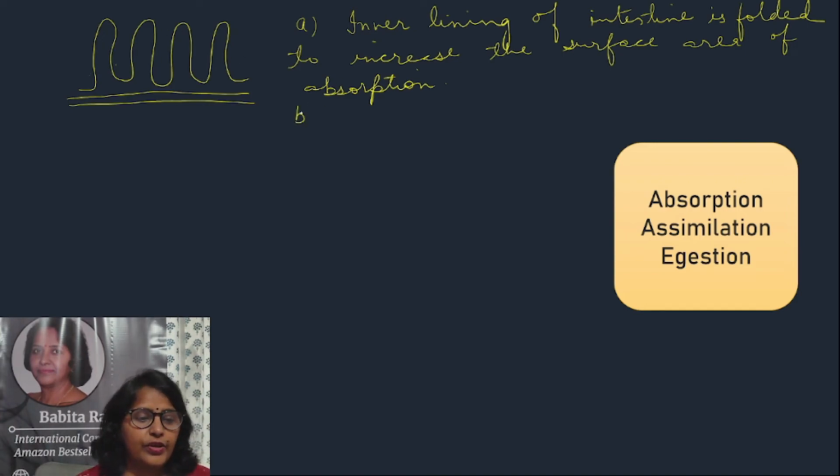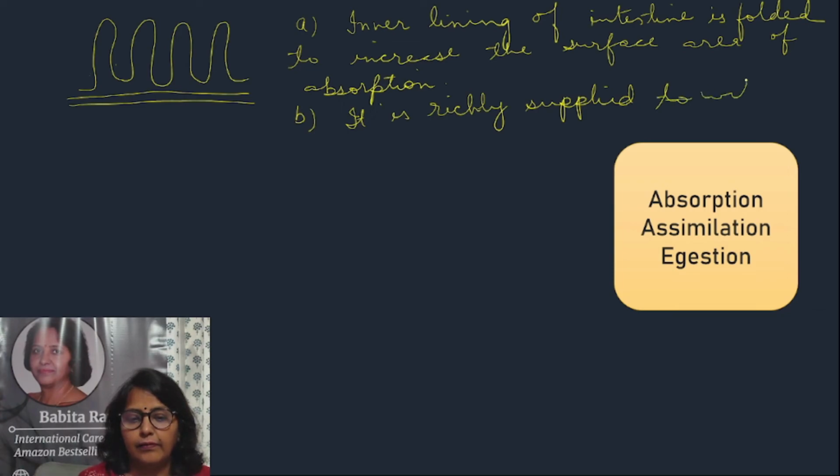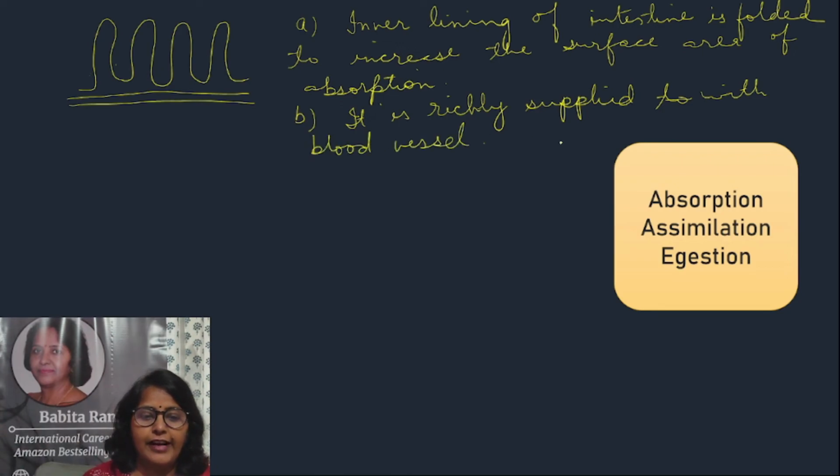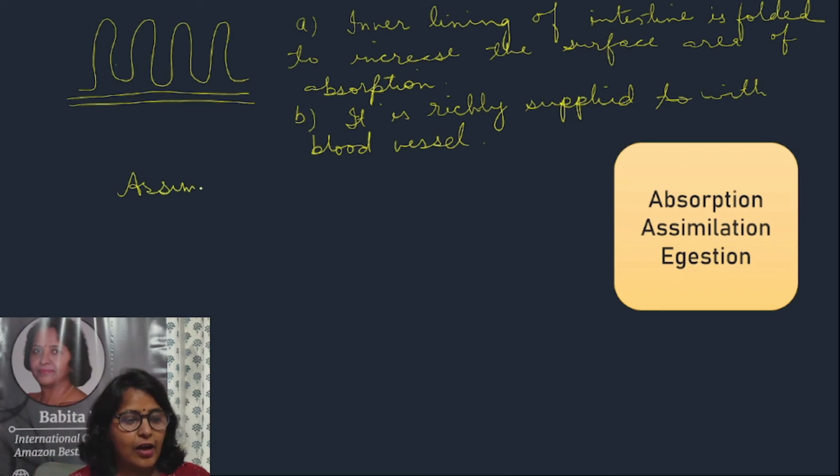It is also richly supplied with blood vessels. Why is it richly supplied with blood vessels? So that after absorption, assimilation can take place. What is assimilation?